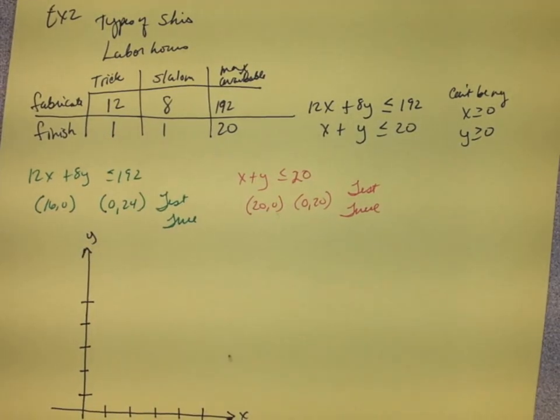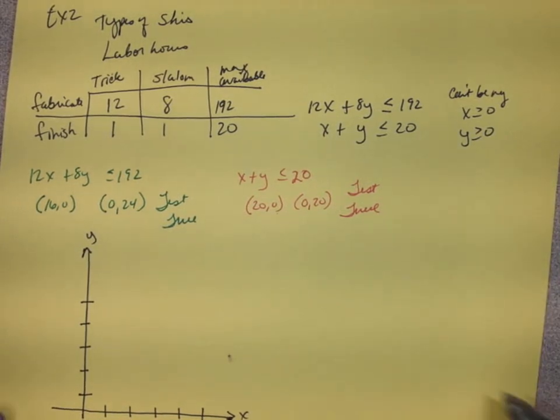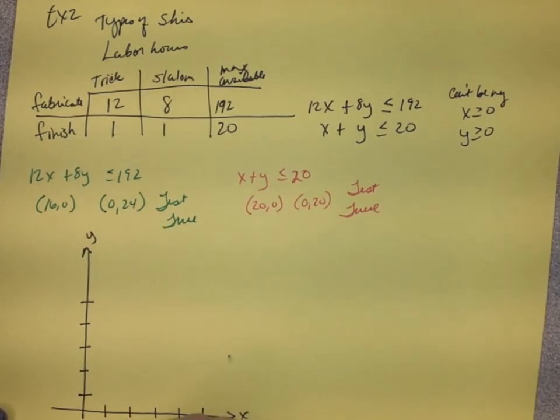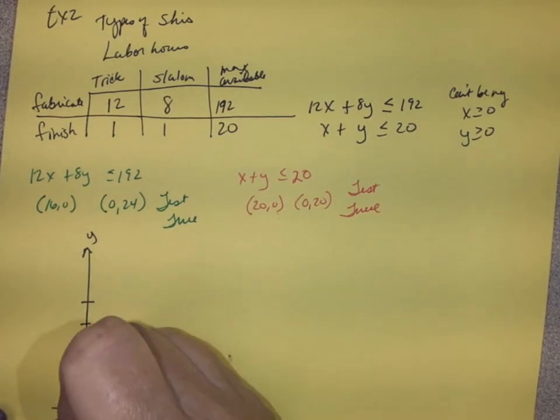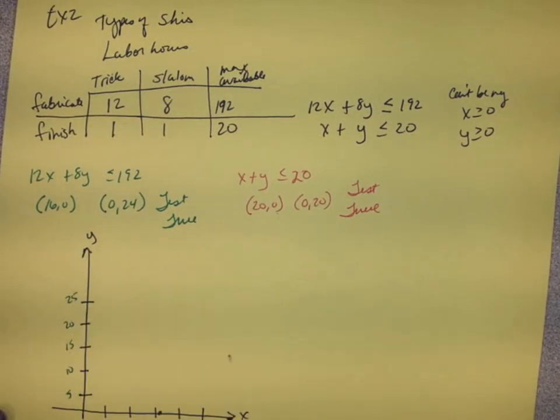All right, so for our first line, we will do the red. Well, let's go with the colors that we did the markings in. So 16, so that's 5, 10, 15, so we're at 16. We'll go ahead and count these out. 5, 10, 15, 20, and 25.